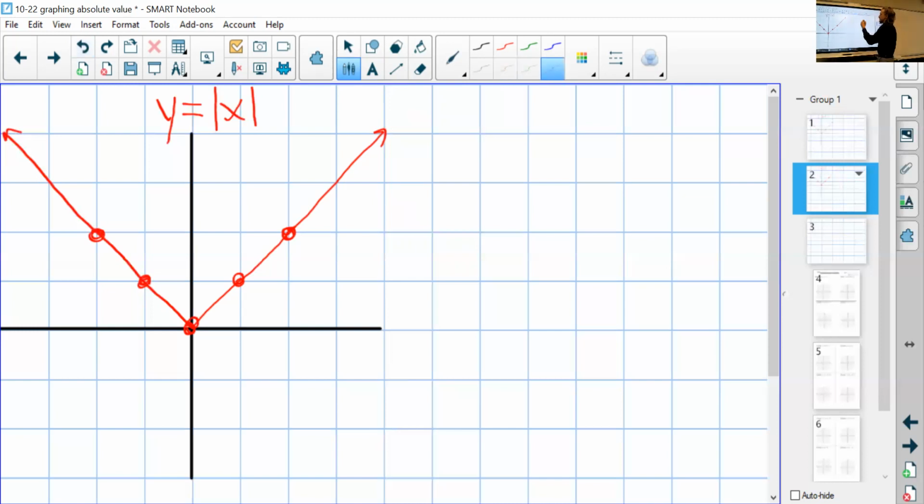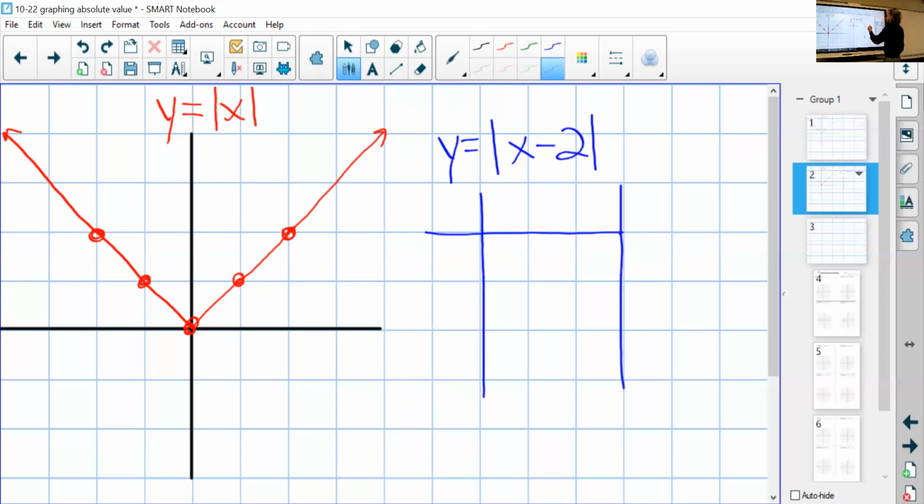So what if I just want to know, what would the graph of y equals the absolute value of x minus 2? I'll make myself a little bit bigger table here. I'm going to put x, absolute value x minus 2, so I can actually see the work, and then y on the right.